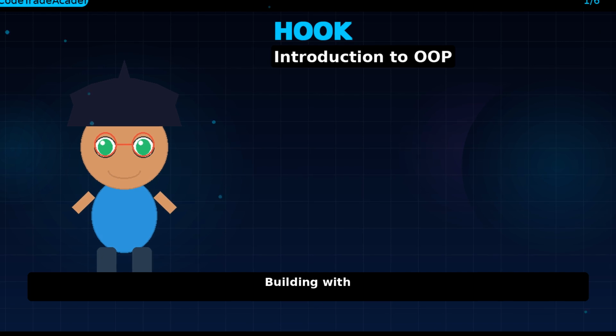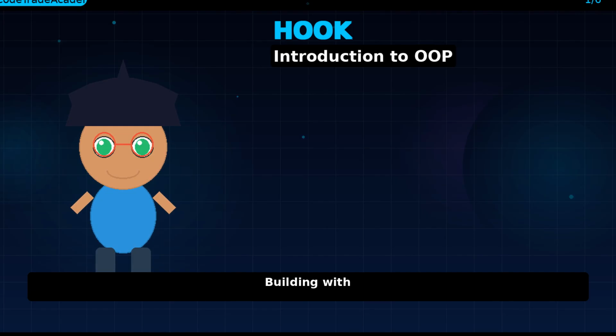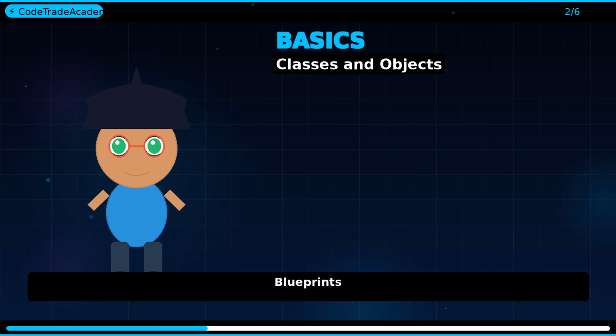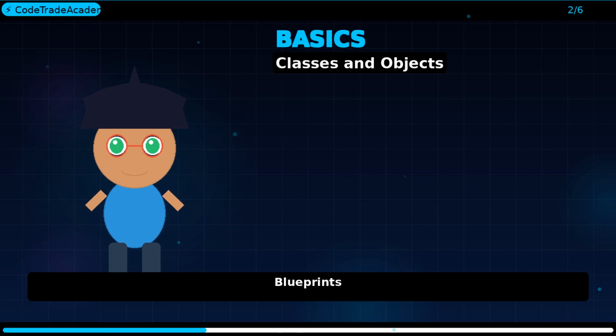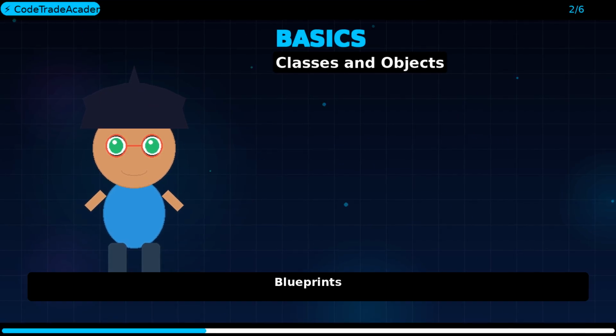And just like how you can use Legos to build a house, a car, or even a robot, OOP allows you to create. So, let's start with the basics. In OOP, we have two main concepts: classes and objects. A class is like a blueprint or a template that defines the properties and behaviors of an object.